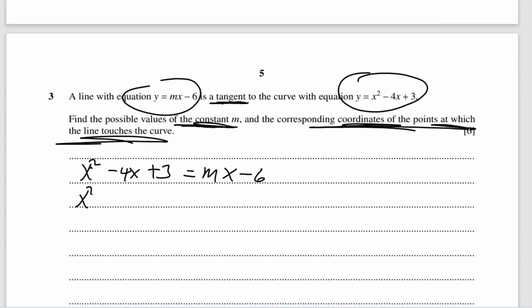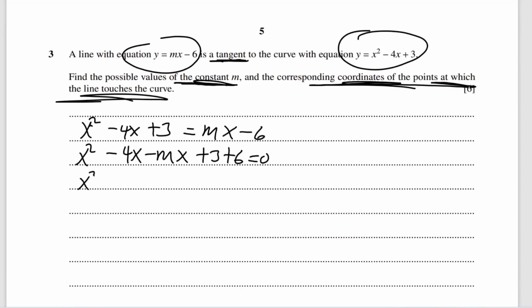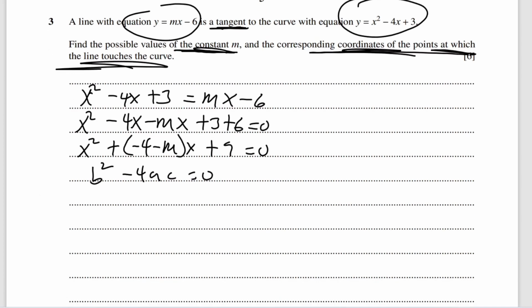So we have this minus 4x minus mx plus 3 plus 6 is equal to 0, so that we can have x squared plus (negative 4 minus m)x plus 9 is equal to 0. So once we have this, we can argue that our discriminant must be equal to 0. And that will give us (negative 4 minus m) squared minus 4 times a times c is equal to 0.